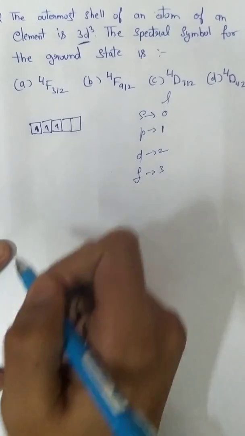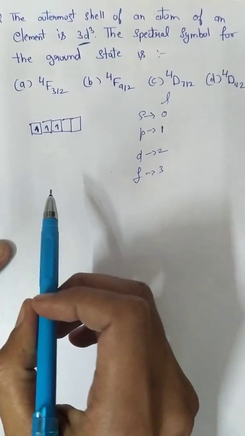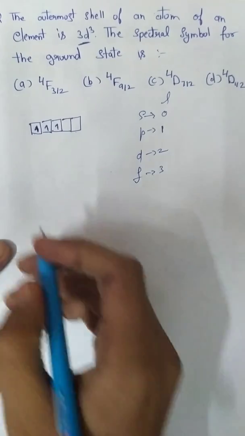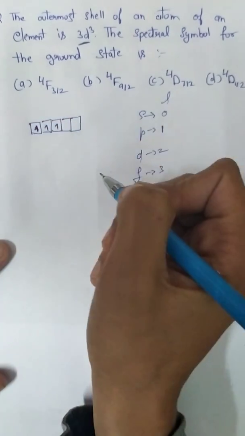Now we need to calculate the overall spin value and the overall L value, and by that we will find the overall J value. How will you calculate the overall L value?